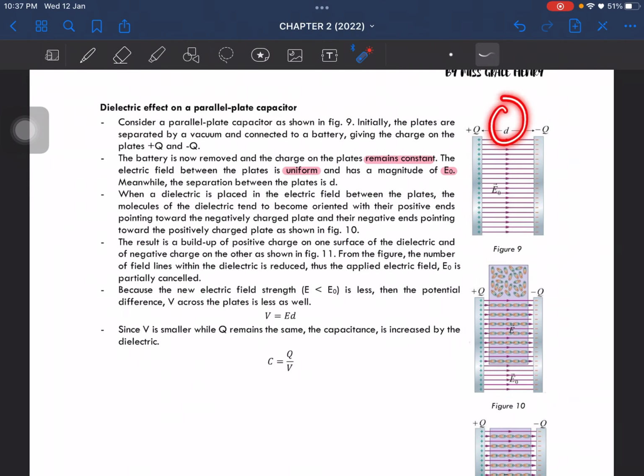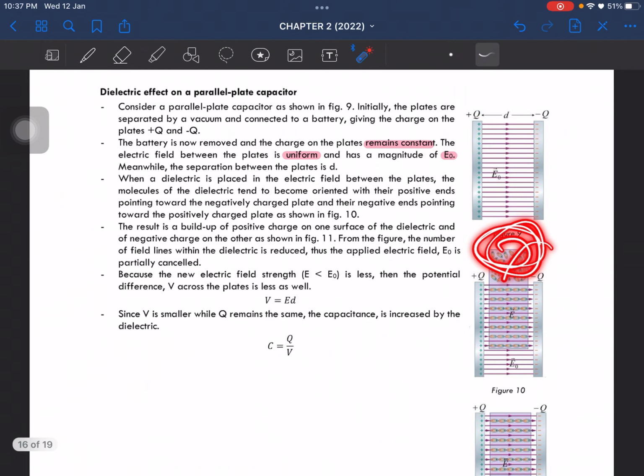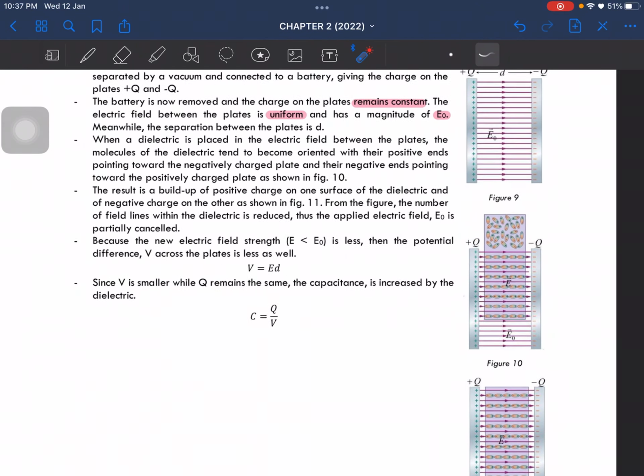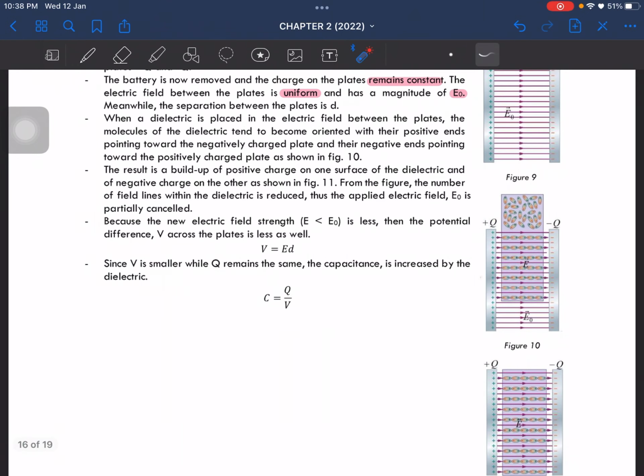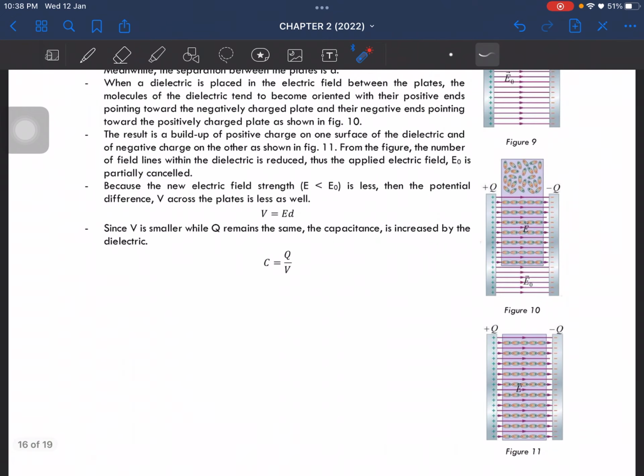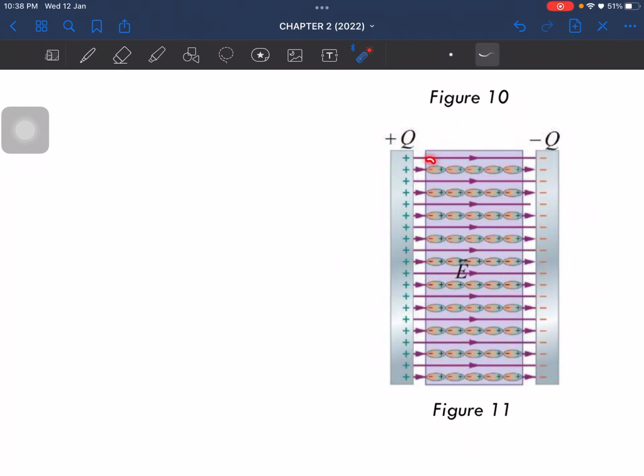When a dielectric is inserted between the plates, the molecules become oriented with their positive ends pointing towards the negatively charged plate and their negative ends pointing towards the positively charged plate, as you can see here. The negative ends are attracted to the positive terminal, and the positive ends of the dielectric material are attracted to the negative terminal.